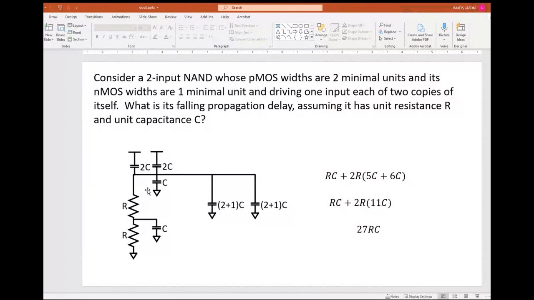That's 5, right? So there's 5C here, and there's 1C down here. So there's R, so you have RC here, and then RR to the other Cs. So that would be 5 and 6, so that should be 11. So I think I've got that right.